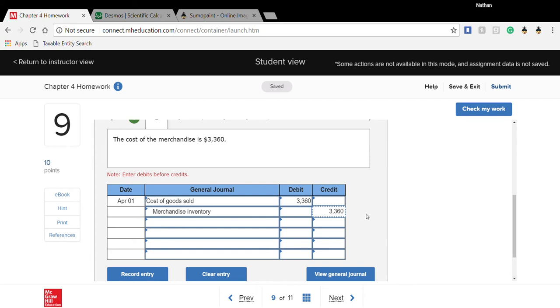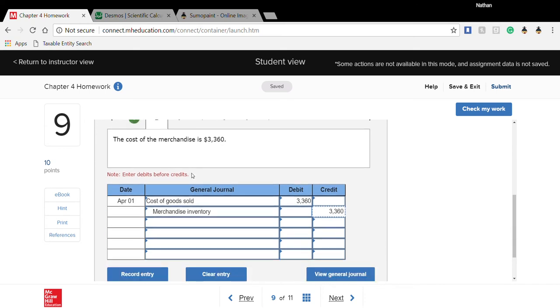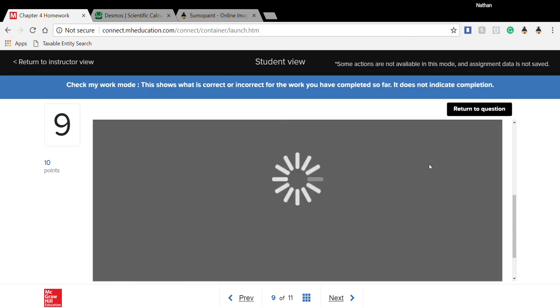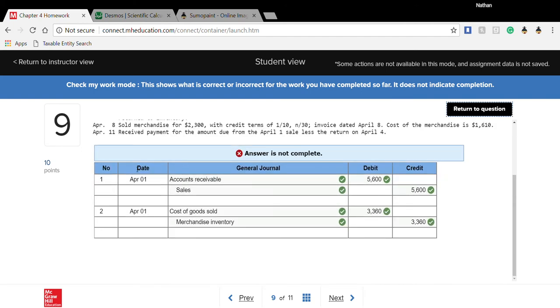So again, we always want to do it as a profit. So there's our second journal entry. Both going on April 1st. So again, you can hit check my work. Again, we do 2 journal entries whenever we sell something. We do 2 journal entries when we return something. So we have to keep an eye out on those types of questions.